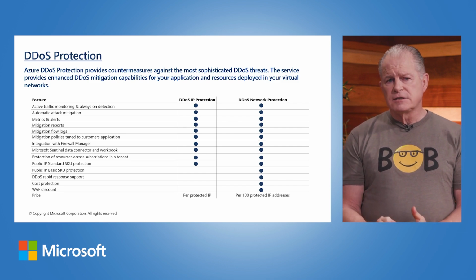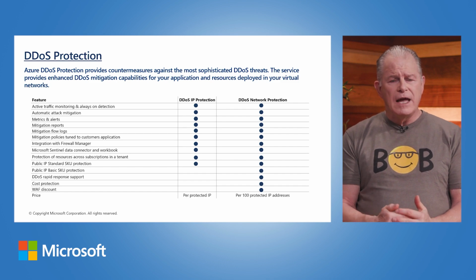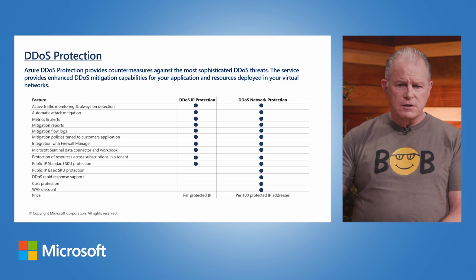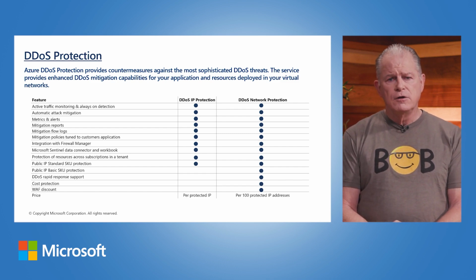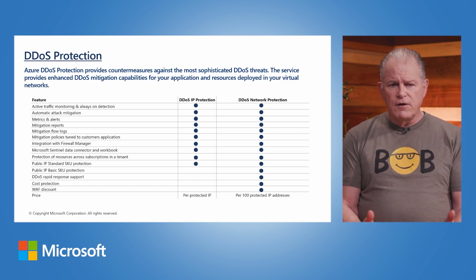That's where the SLAs that we've talked about throughout this series are important to you, because we have an SLA that we guarantee that you're going to get a specific level of service, regardless of what's going on with other users of Azure itself. So the DDoS protection is generally available for everybody.